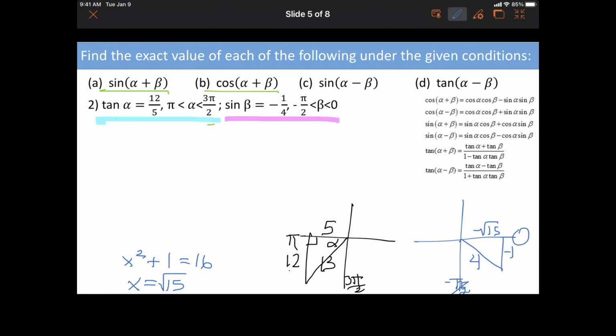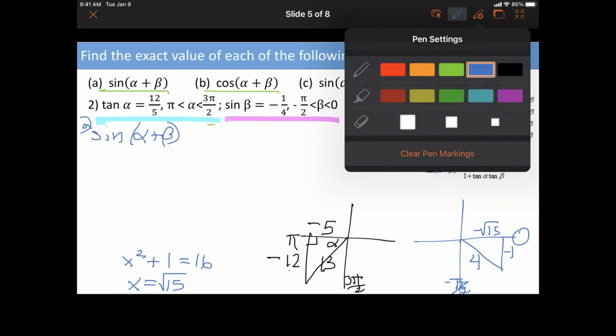We're going to do sine, which is this one. So I have sine of alpha plus beta. We're going to look at our triangle. Oops, I also forgot they're both negative. That's important. That will change our sine and our cosine.